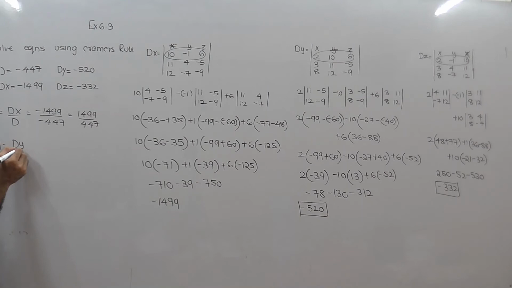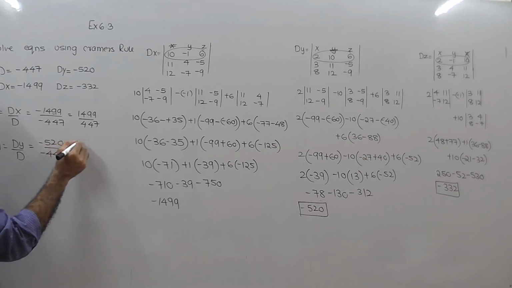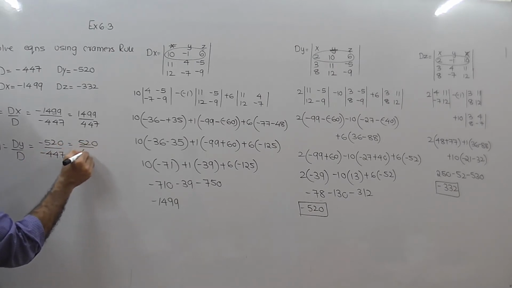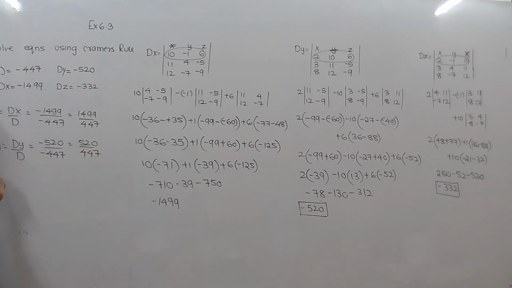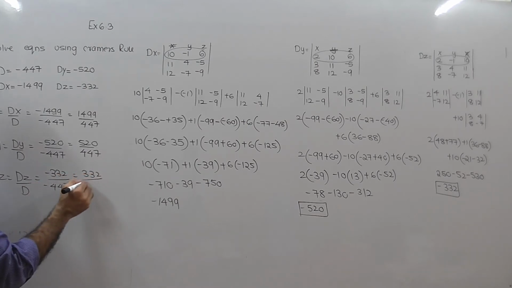Y equal to dy upon d, that is minus 520 upon negative 447, that is 520 upon 447, and z equal to dz upon d, that is minus 332 upon negative 447, that is 332 upon 447.